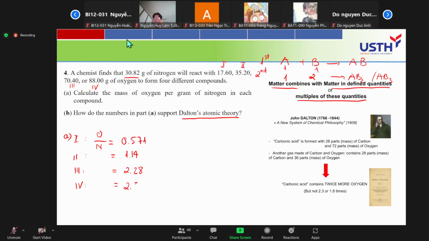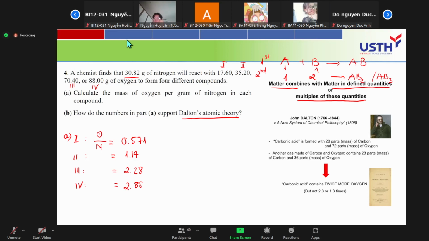Okay, so I have a small suggestion to you. When you read the numbers after the decimal point, don't say 14, don't say 28, don't say 85. After the point, let's read the digits one by one. For example, this one will be 1.14, 2.28, 2.85.